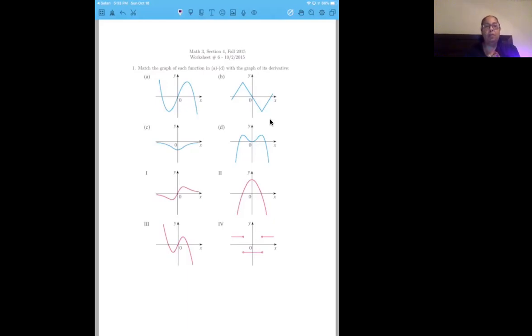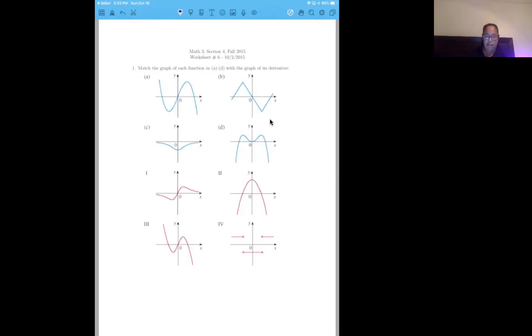But right now, what we can know is we know about slopes. When we're talking about derivatives, we know about slope. We know where the original function is increasing and where it's decreasing. We know where it has a horizontal tangent line.